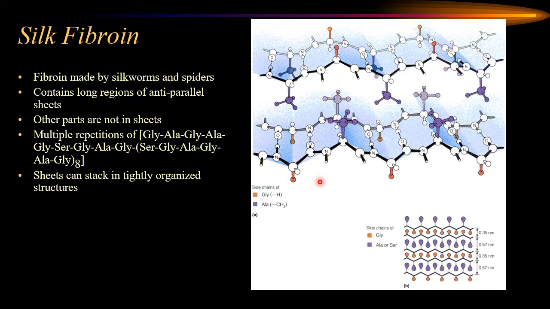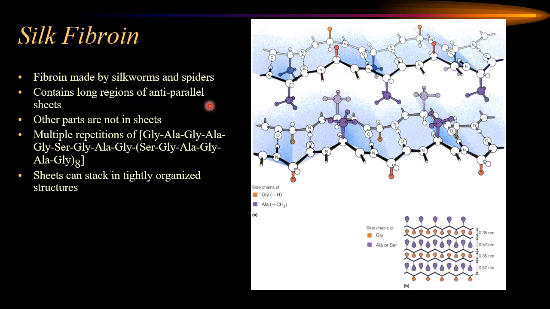In these repeating structures, they form beta sheets. And the thing about beta sheets is that the side chains are perpendicular to the main direction of the sheets. So the beta sheets can stack on top of each other.